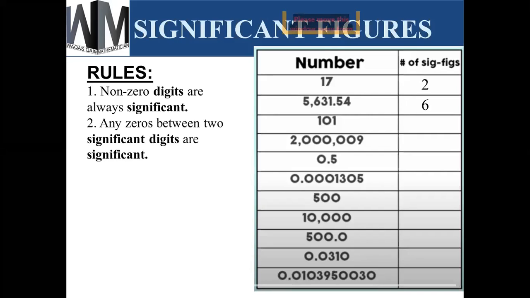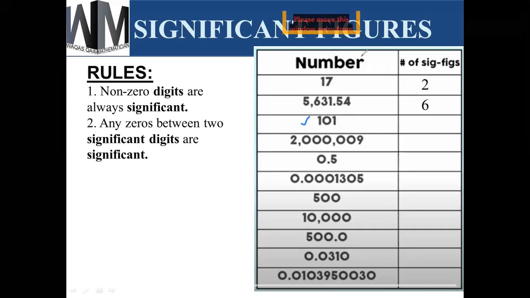Now the second rule, about the zeros. Whenever zeros are written between two non-zeros, they must be counted as significant. For example, in the third number, a zero is written between two non-zeros, between two ones.